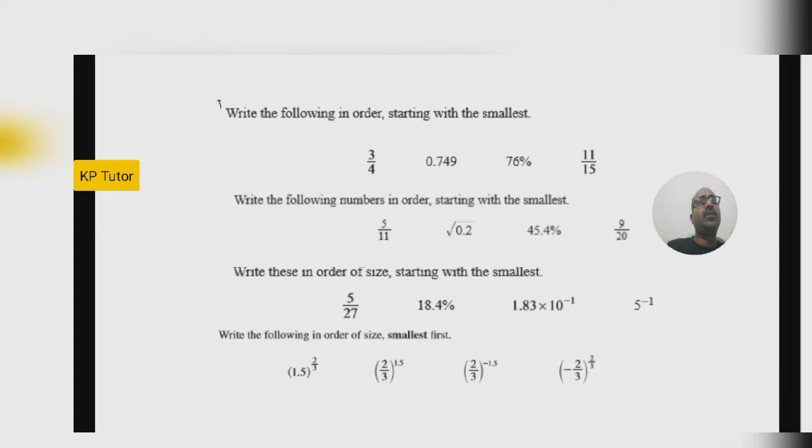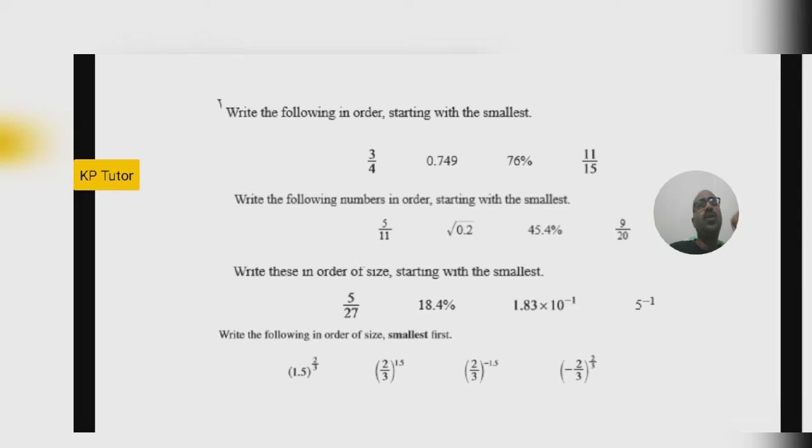Look, there are different kinds of numbers. Fraction is there, decimal is there, percentage is there. Then rational numbers, irrational numbers, 10 to the power minus 1, like that, many are there. So we have to check one by one how we can solve easily.